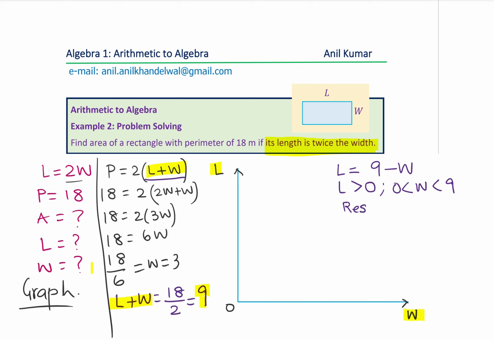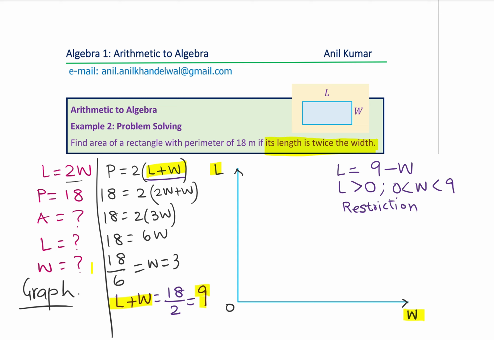So we have a restriction on the width. The width in this particular case, when the perimeter is 18 and the length is twice the width, has to be between 0 to 9. So we do get a scale value. Do you see that? So width could be between 0 to 9. That is very important to understand.